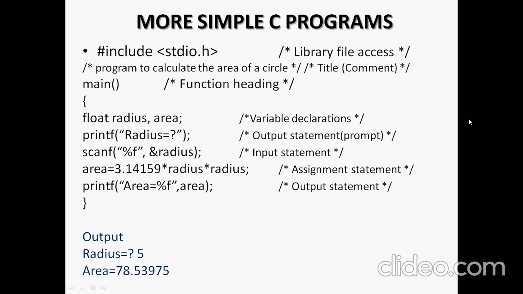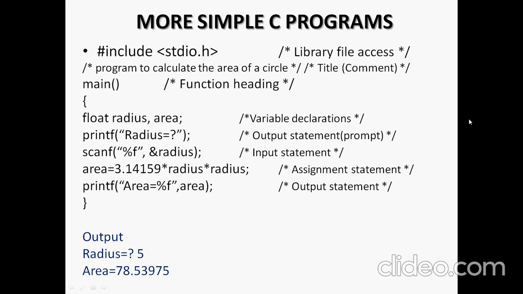It prints as usual. Scanf takes a user value. %f is used because radius and area are declared as float data type. It takes the fractional point value also.